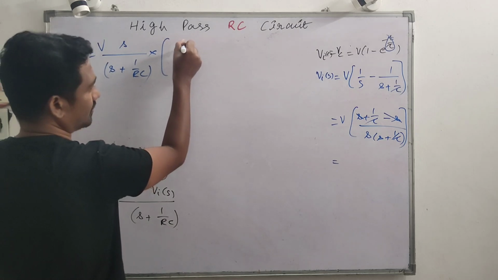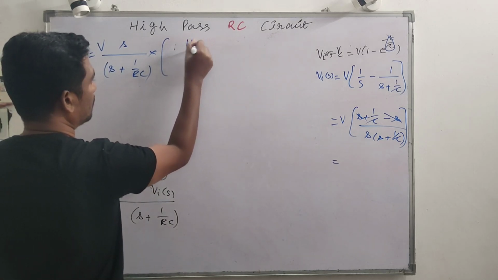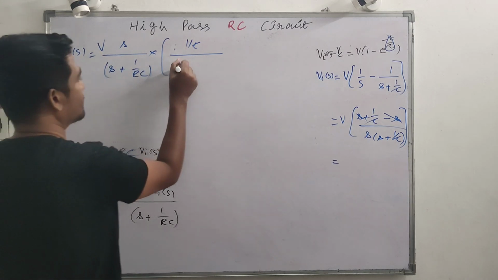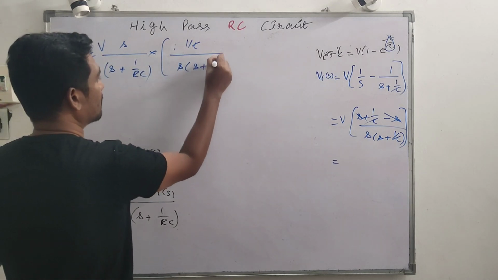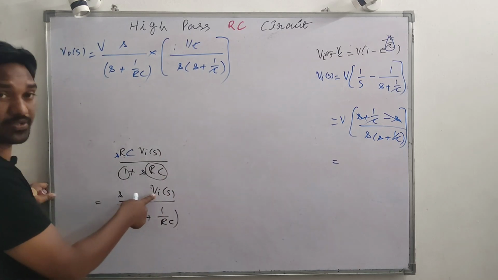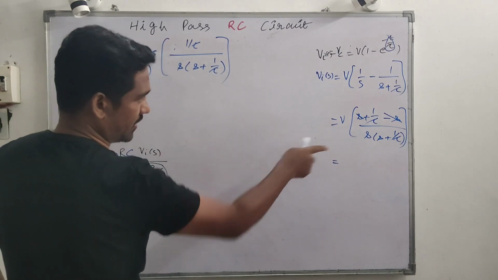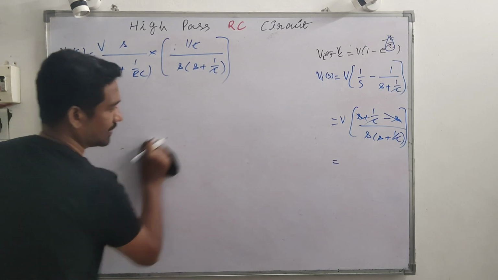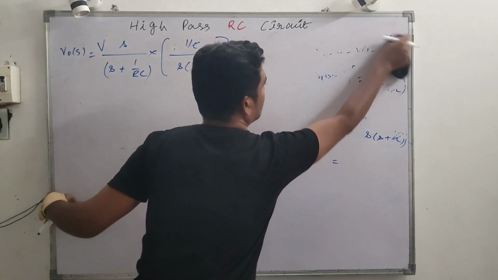What do we have? It's a 1 upon tau in the numerator for Vi of s. It's already here. It's s into s plus 1 upon tau that we plug in place of Vi of s from that very expression for exponential input. And something gets cancelled over here.